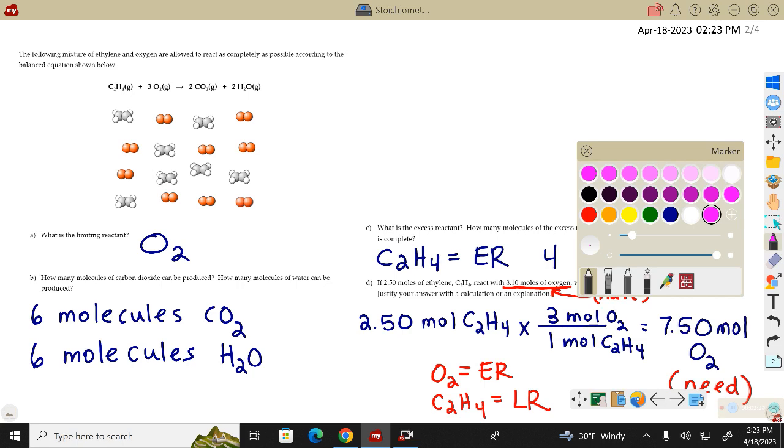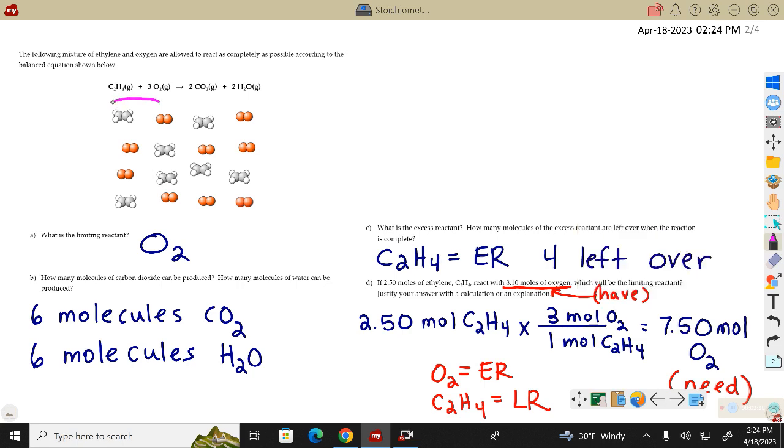So every time I can find 1 ethylene, that's the C2H4, and 3 oxygen, I'm going to group those together. Now that's the ratio of reactants in my balanced equation. So for every 1 ethylene and 3 oxygen, this grouping should make 2 carbon dioxide and 2 water. Again, that's the ratio in the balanced equation.